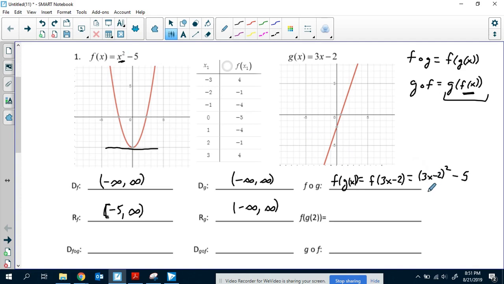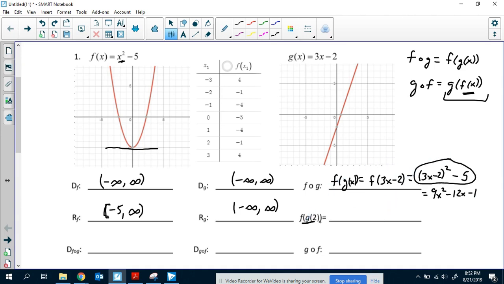Now if I wanted to do the distributive property on (3x minus 2) squared minus 5, I could. And I'll do that real quick without doing all of the work on the paper. It's 9x squared minus 12x minus 1. But we'll probably use this form of the answer to do most of the problems because it's easier to use.